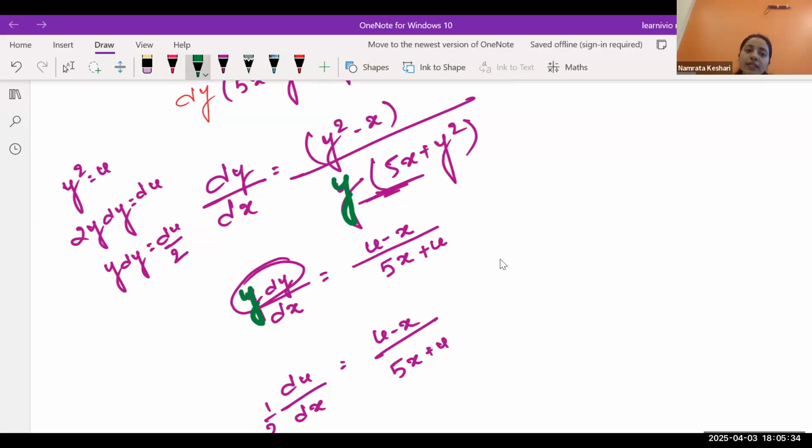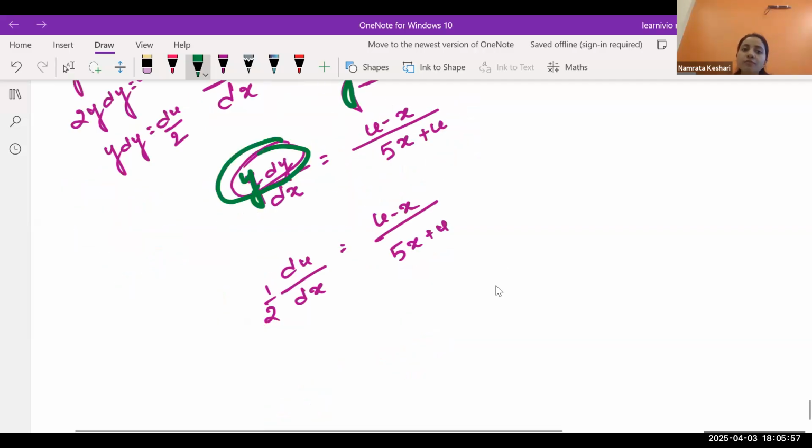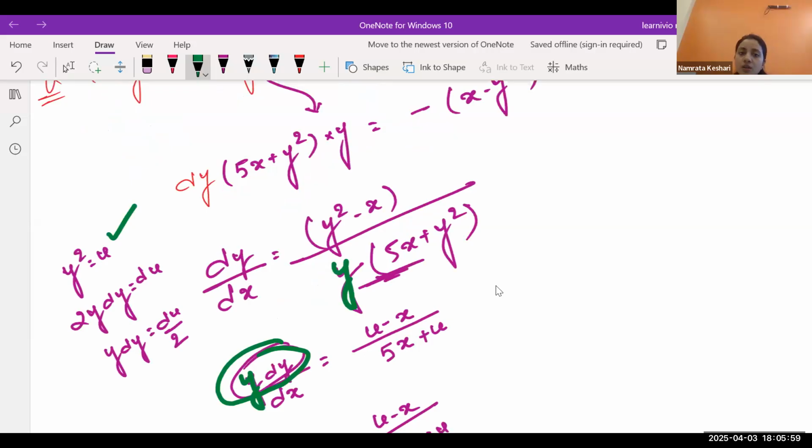Now, let's say this y square is u. So basically 2y dy is equal to du, right? Yes, ma'am. Okay, that means y dy is du by 2. Now, in place of y dy here, I'm substituting du by 2, and wherever y square is there, I am writing u.